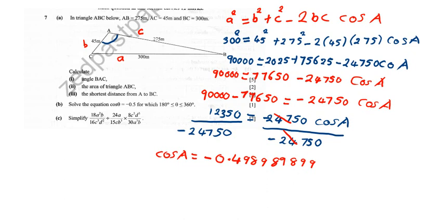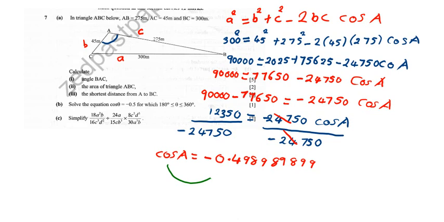So we are looking for A. For us to remain with A this side, we can't divide cos over cos, that will be wrong. So this cos will cross and come this side. When it comes that side, it won't be cos, it will become cos inverse.